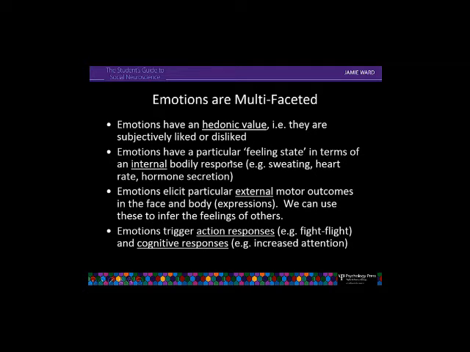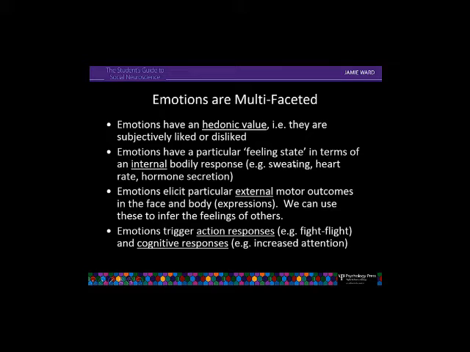So emotions obviously have a subjective quality, and this is often called the hedonic value themselves, the subjective liking, disliking. This is pretty much measured through questionnaires. So again, how you measure emotion depends on what aspect of emotion you're measuring. They've also got a particular feeling state.